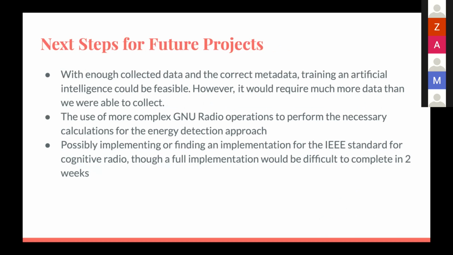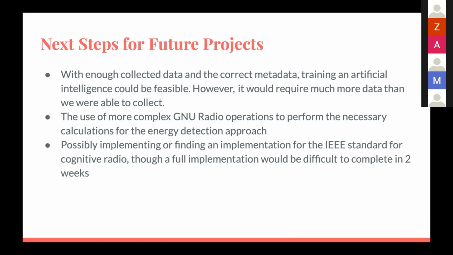And also, as I said, it would require the correct metadata, like the frequency of transmission, the location of the nodes, etc. We could also use more complex GNU radio operations to perform the necessary calculations for the energy detection approach. This includes the fast Fourier transform and that kind of thing. We would also have to detect things like the noise floor and so on. So that is another possible approach for the future.